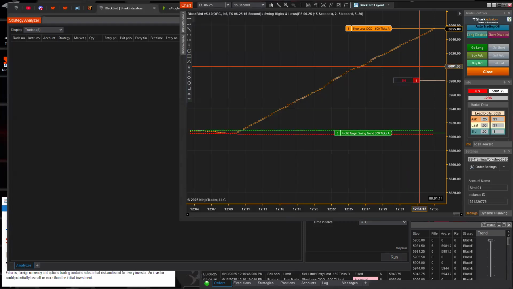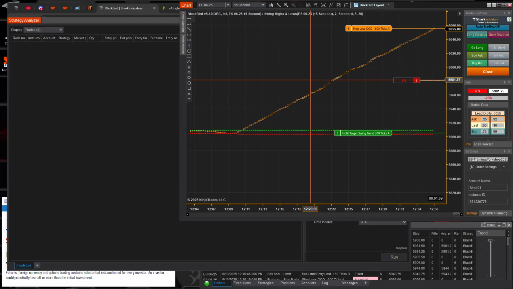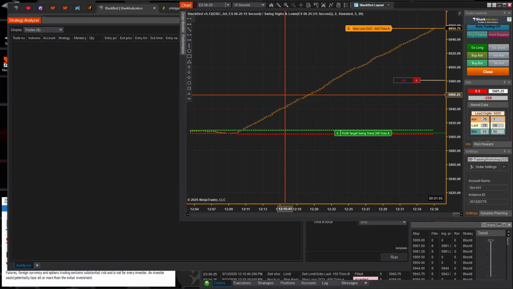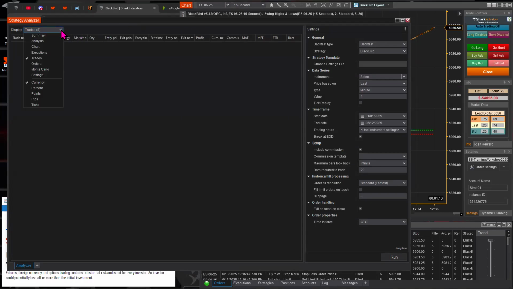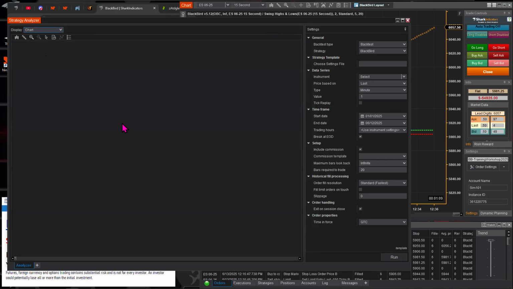I would much rather just load up the chart with all the data I want to backtest against, and just looking through the trades on the chart is so much easier, in my opinion, than trying to switch to the chart and the strategy analyzer, and then you've got to go through and add all your indicators and all that. It's just so time consuming. So I don't bother with the strategy analyzer anymore. I just do everything on the chart.